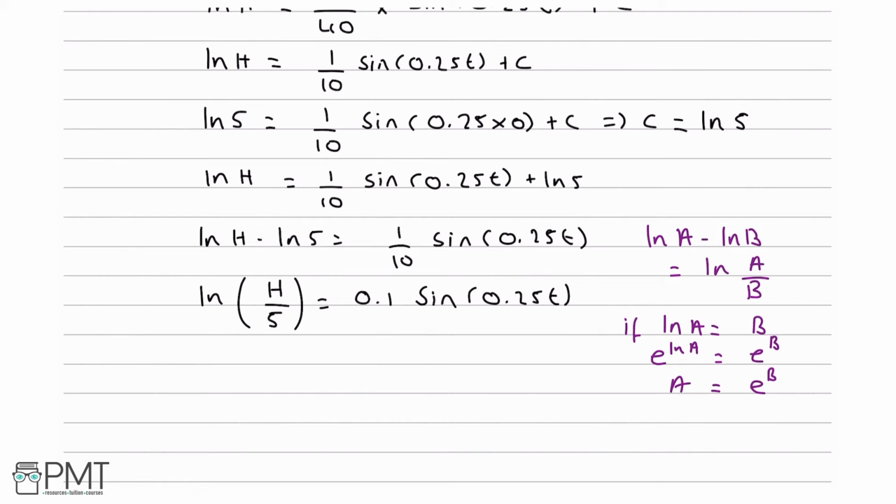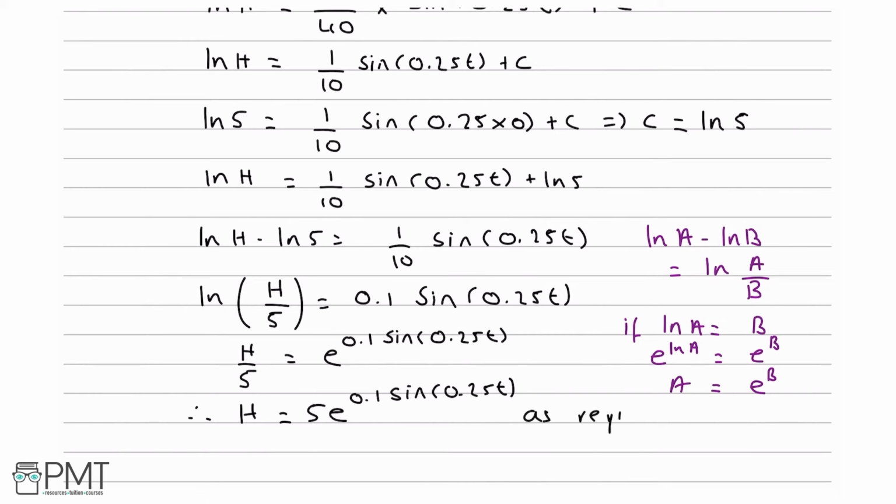So we can write that h over 5 equals, taking e to the ln of h over 5, just h over 5, equals e to the 0.1 sine 0.25t, and therefore h equals 5e to the 0.1 sine of 0.25t. Okay, and then we can just write here as required.